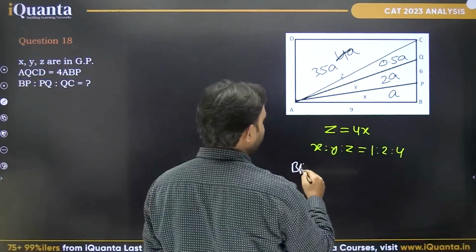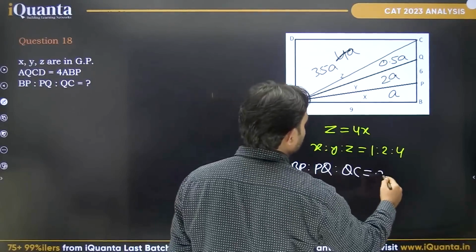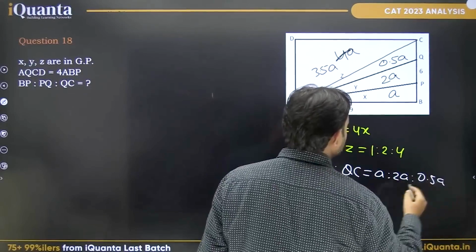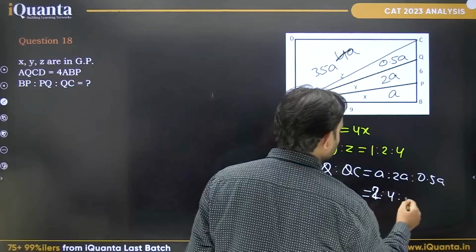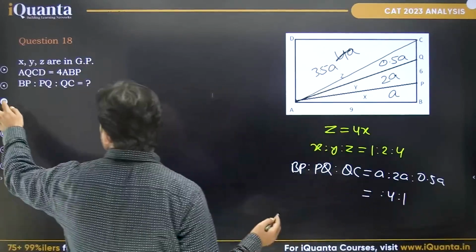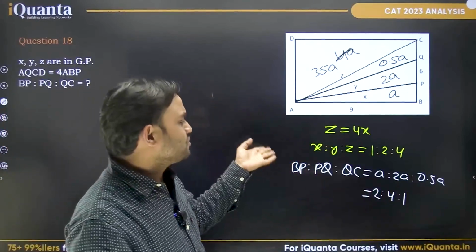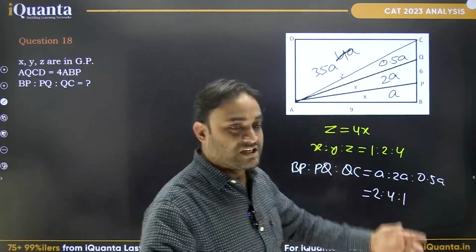So we can say BP is to PQ is to QC will be equal to A is to 2A is to 0.5A, which you can write as 2 is to 4 is to 1 straight away. Nothing much had to be done. The dimension doesn't matter here, as you can see.